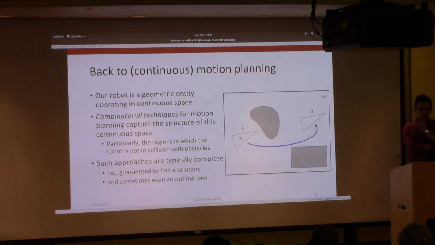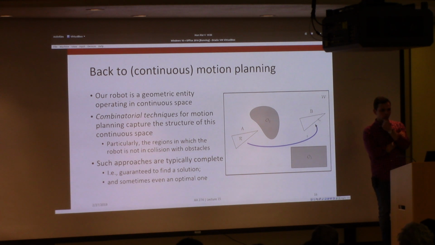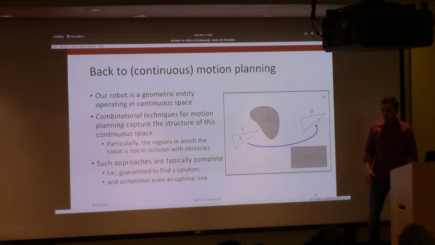Okay. So now we're moving on to continuous methods for motion planning. But the nice thing about them is that they will still use in some intelligent way those graph or grid-based approaches that we just talked about. So what is the difference between the continuous problem and the discrete problem that we had earlier?